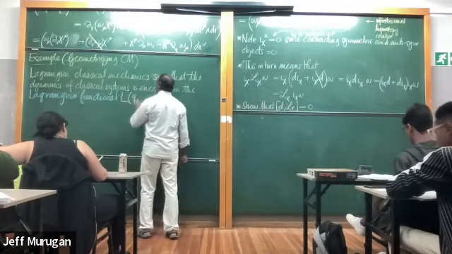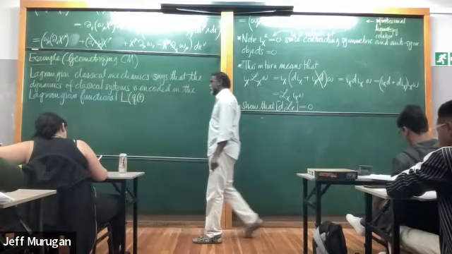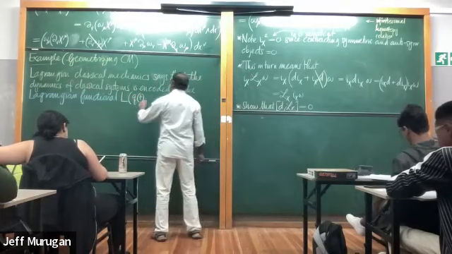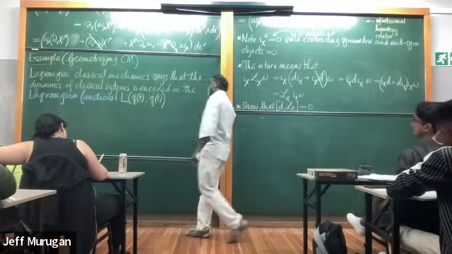The generalized coordinates are called q instead of x, and their velocities are the derivative d by dt of q.